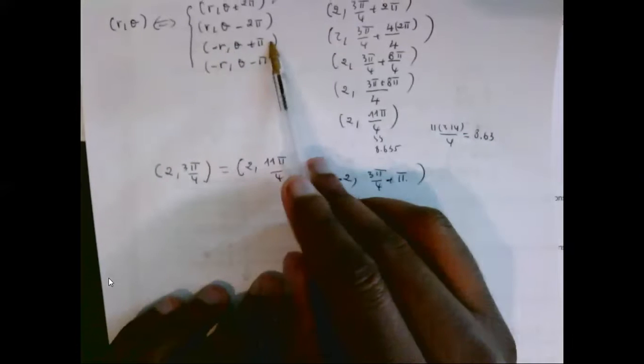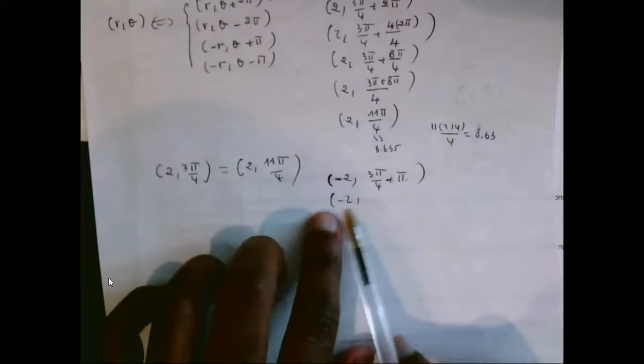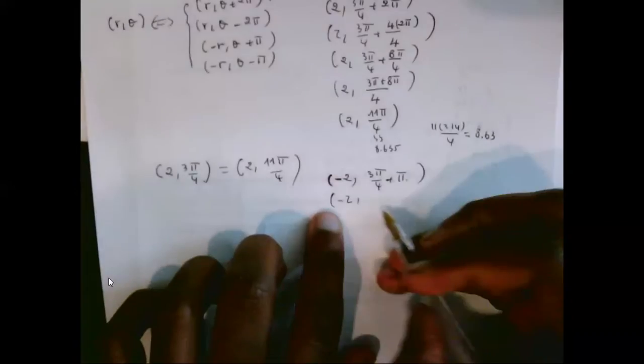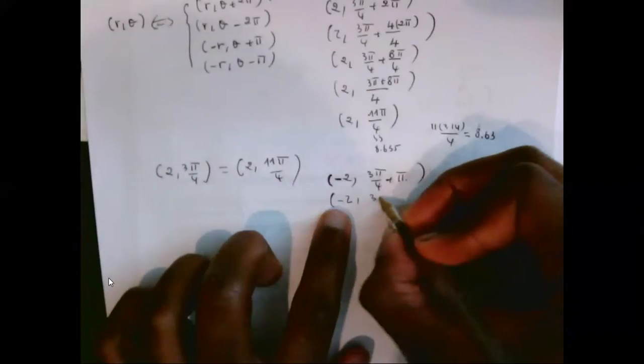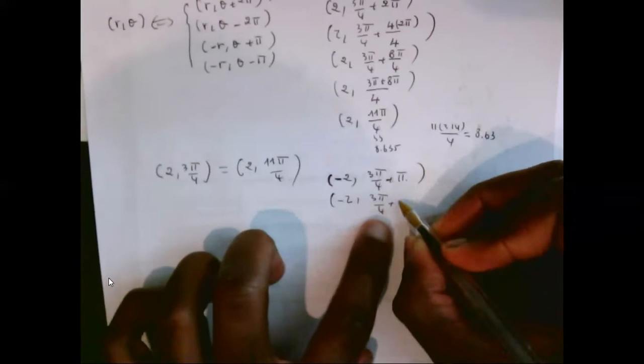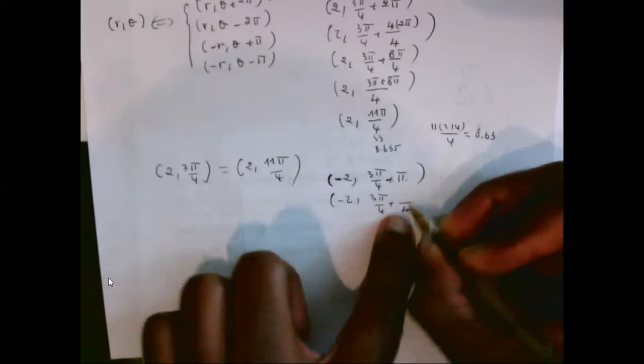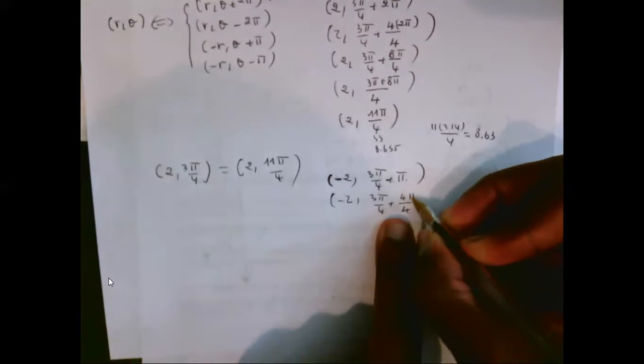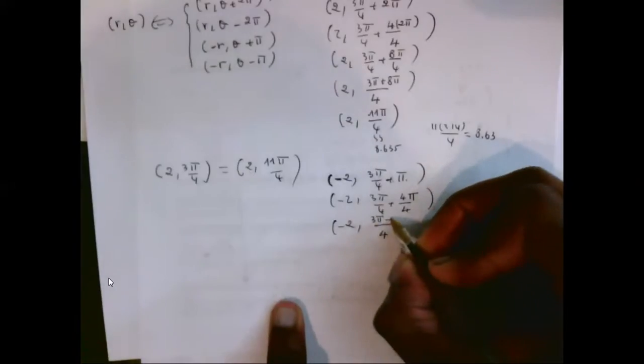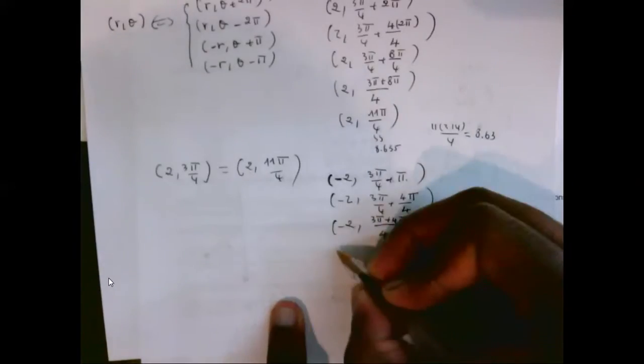So I need to add them up. 3 pi over 4 and pi don't have the same denominator, so I create a 4 here, 4 here, and I multiply it here. So they have the same denominator. I can put them together like that, and I have negative 2 here, 4 here, 3 plus 4 is 7, so I have 7 pi over 4.